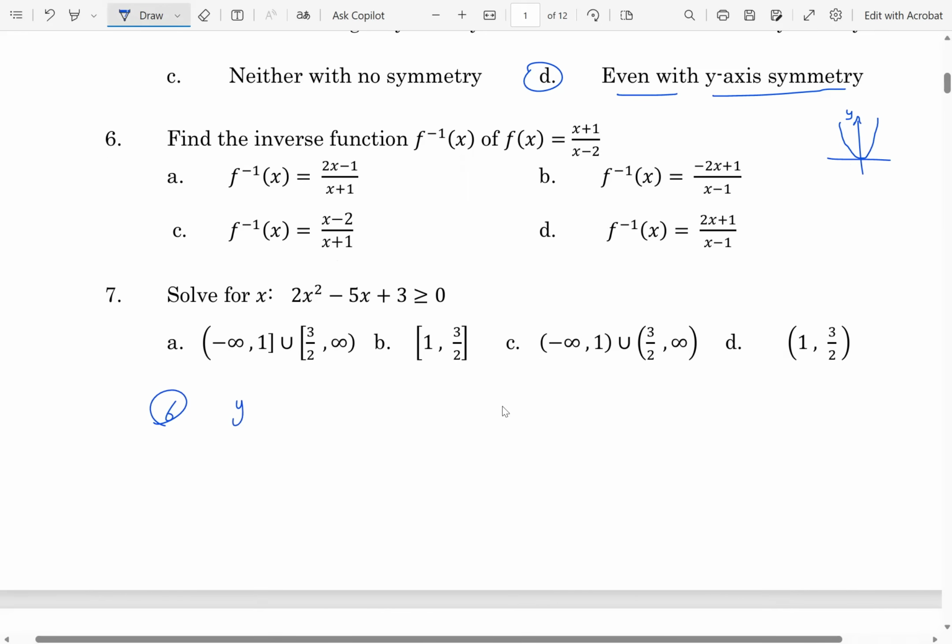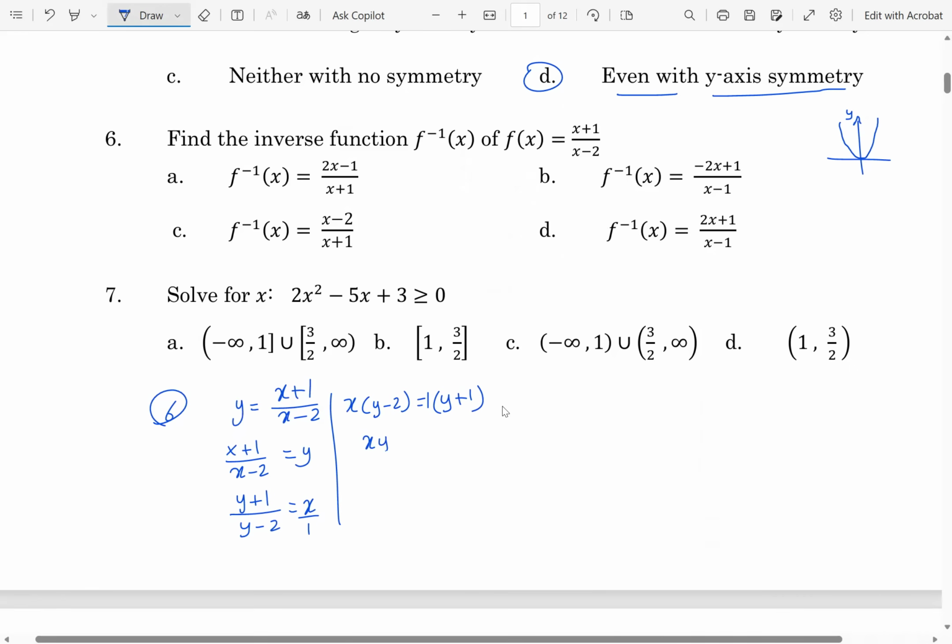So name the function y equal x plus 1 over x minus 2, okay? Just write this side here, x plus 1 over x minus 2 is equal to y, and then switch between x and y by writing y plus 1 over y minus 2 is equal to x, and finally make y the subject. To make y the subject, you need to make a cross multiplication by writing x times y minus 2 is equal to y plus 1 times 1.